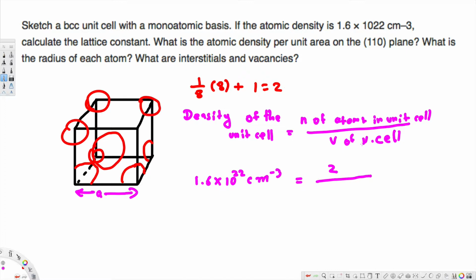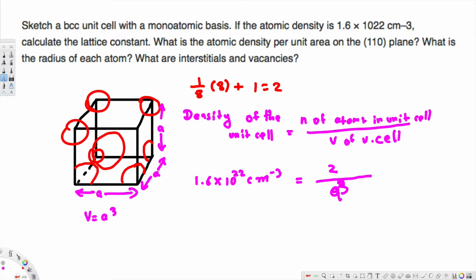The volume of the unit cell is going to be a cube, because this is a cubic shape, and this lattice constant is going to be the length everywhere. Width, height, and length are all going to be a. So since all of them are a, the volume is going to be a cubed, so we can replace this with a cubed. From this we can find our a value, that is the lattice constant.